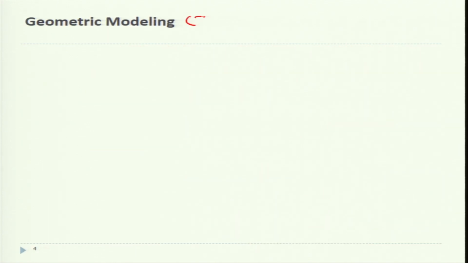Geometric modeling types, I would say, are majorly of 3 kinds. Number 1, wireframe modeling. It is a straightforward modeling system that uses only lines to represent the object.